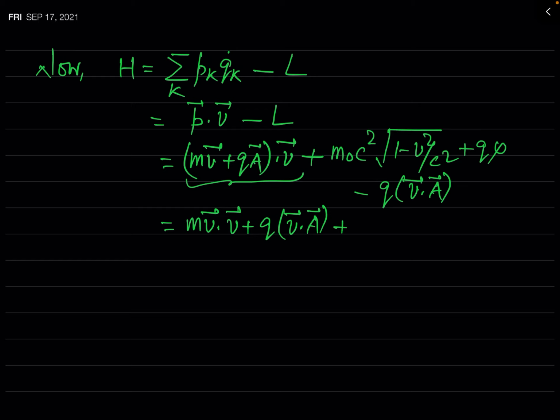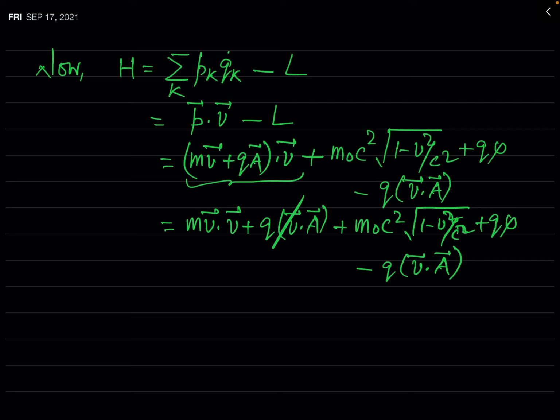So I have written here v dot a, and plus m naught c square times root over 1 minus v square by c square, plus q phi and minus q times v dot a. Now you can see this q times v dot a will cancel out, and the remaining term will be what?